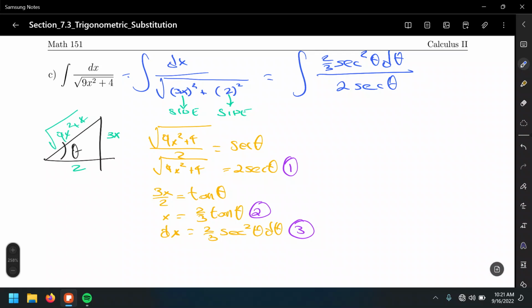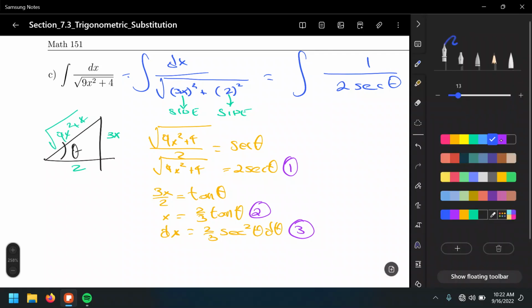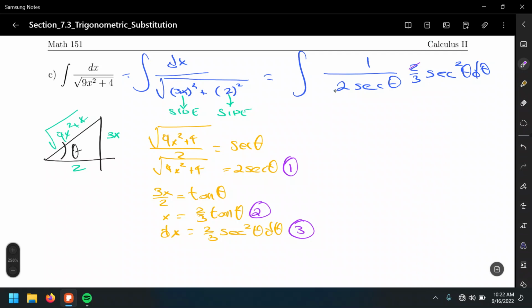Let me write it this way instead, so you can easily see how I'm canceling this. So that's 2/3 secant squared theta d theta. We can cancel out the 2's right here, and we can also factor 1 power of secant, leaving us with 3 in the denominator, which I'm going to write outside of the integral, and that's secant theta d theta.